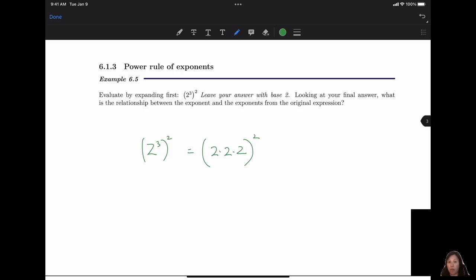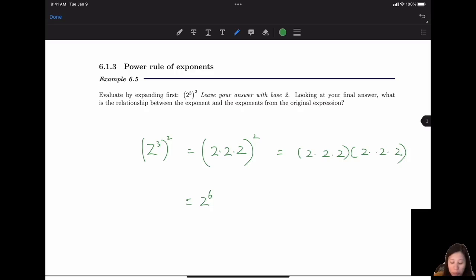We square them. Square means what? Everything you multiply by itself again, right? So that means I want to multiply the parentheses by itself. So how many is that totaling? 6. Very good. So 2 to the 6.